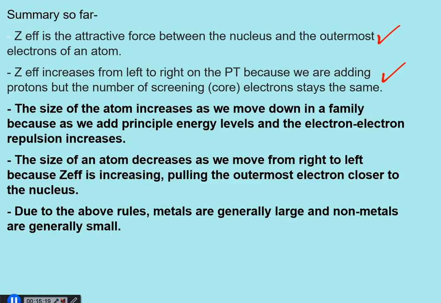And then this summary of the size of atoms. The size of an atom increases as we move down in a family because we add principal energy levels and the electron-electron repulsion increases. Next, in summary, the size of an atom decreases as we move from left to right, sorry.